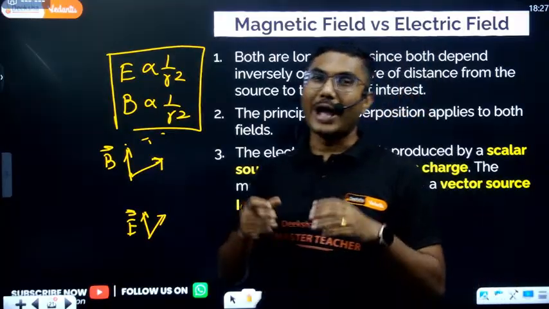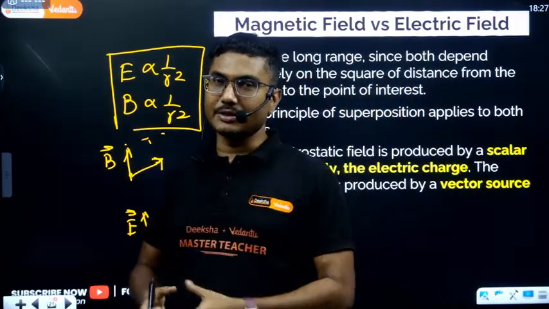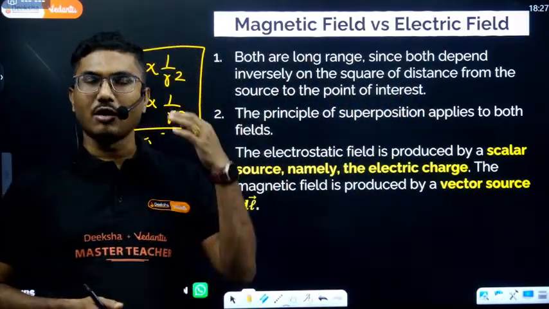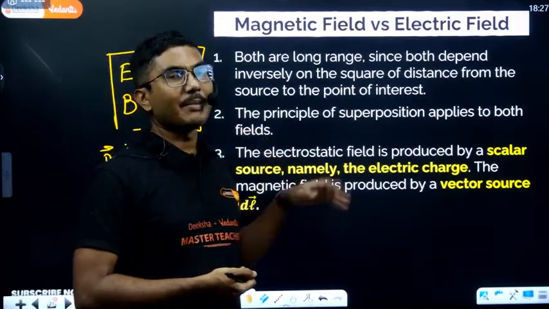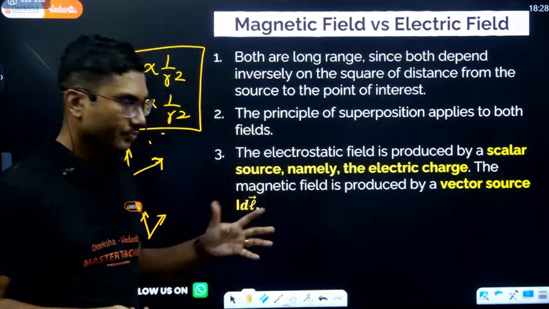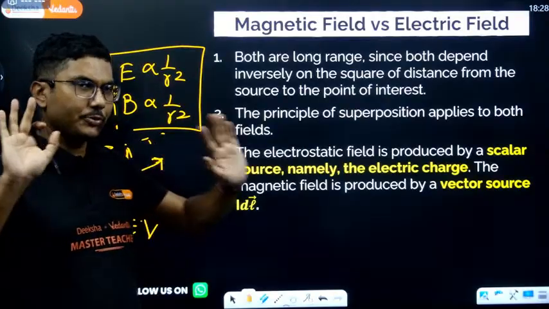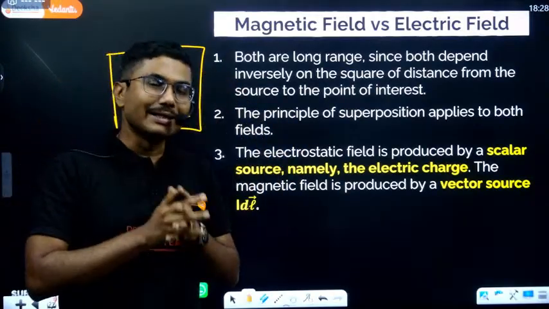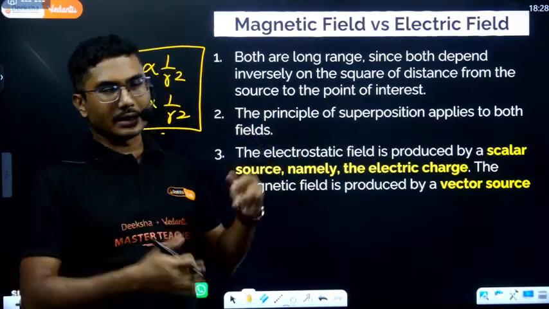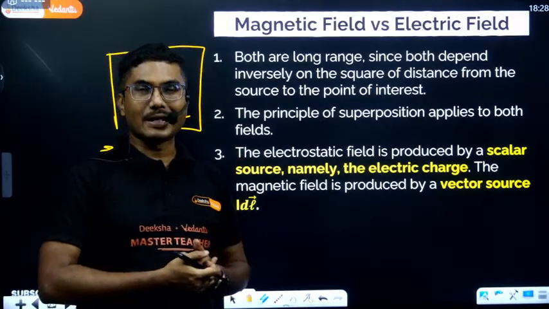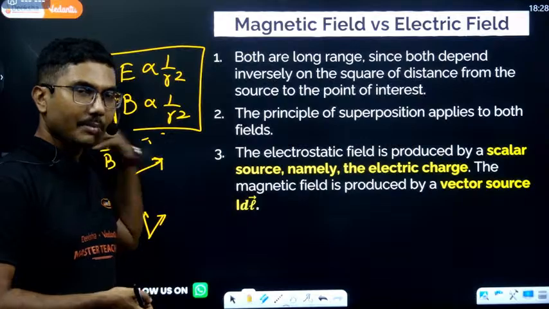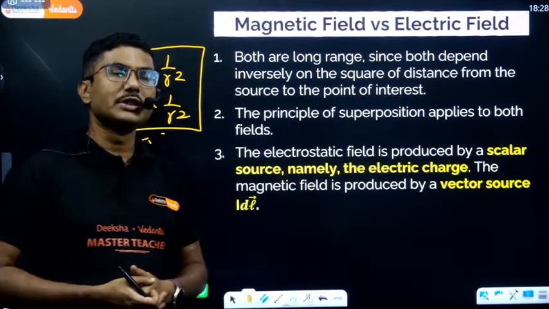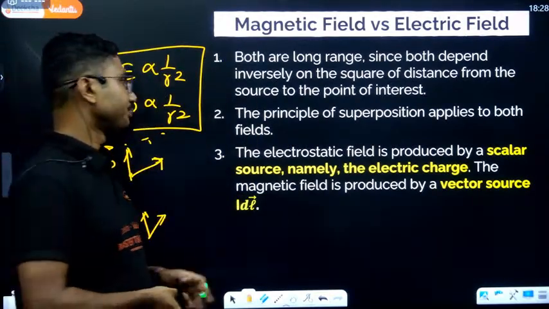We just add them using vector algebra, meaning the triangle law or parallelogram law. Using that you can find the magnitude of their addition. So superposition principle is basically adding them together, by vector addition or scalar addition. Here, because B and E are both vector quantities, we need vector addition. In some other quantities, we use scalar addition as well.